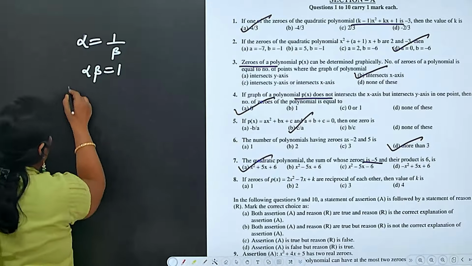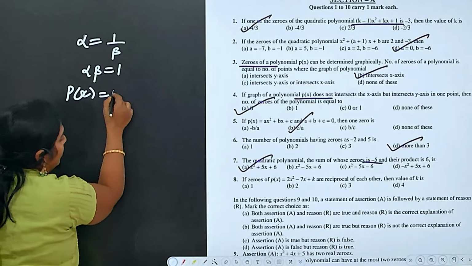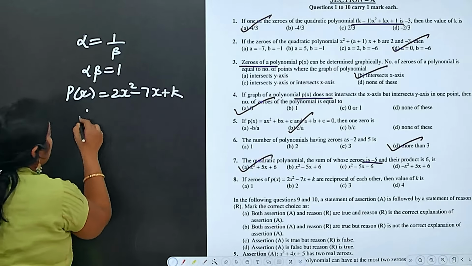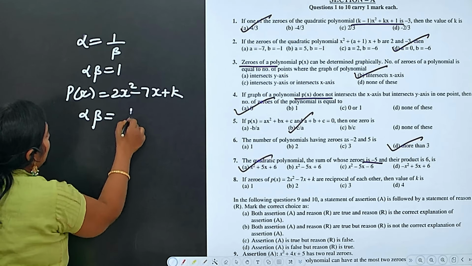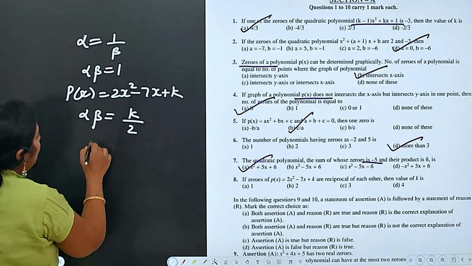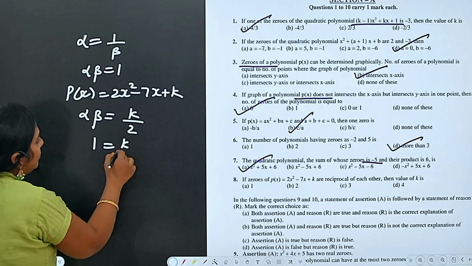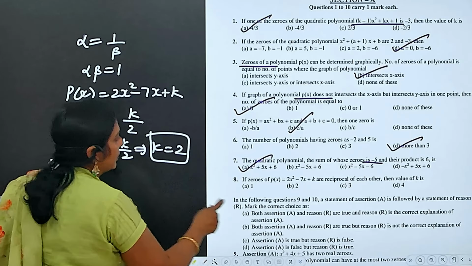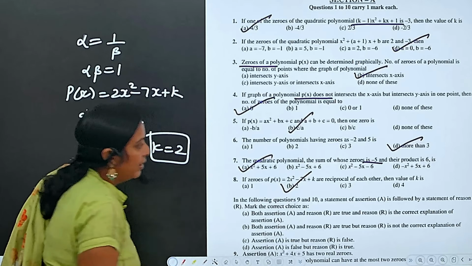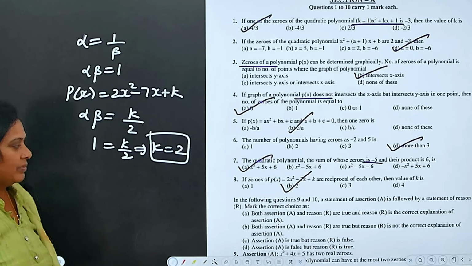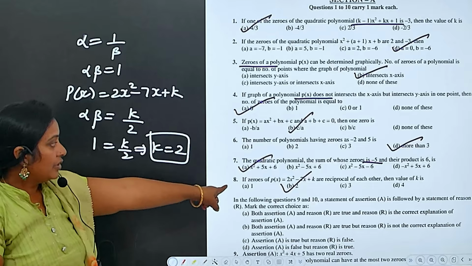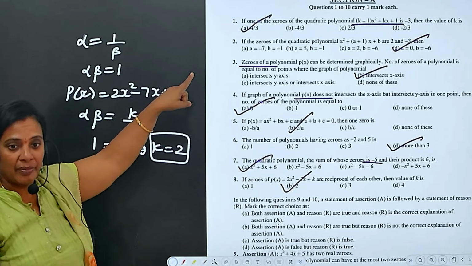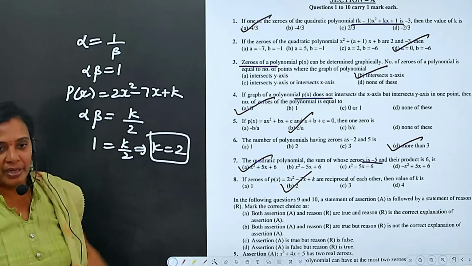From the polynomial p of x equal to 2x square minus 7x plus k, from this alpha beta equal to k by 2. What is alpha beta? 1 equal to k by 2. From this k equal to 2. The answer is then value of k is, ఎందుకు జీరోస్ ఆర్ ఇన్ రెసిప్రోకల్ అంటే ఆల్ఫా అనేది ఈక్వల్ టు 1 బై బీటా అవ్వచ్చు, బీటా అనేది 1 బై ఆల్ఫా, ప్రోడక్ట్ ఈజ్ ఈక్వల్ టు 1.